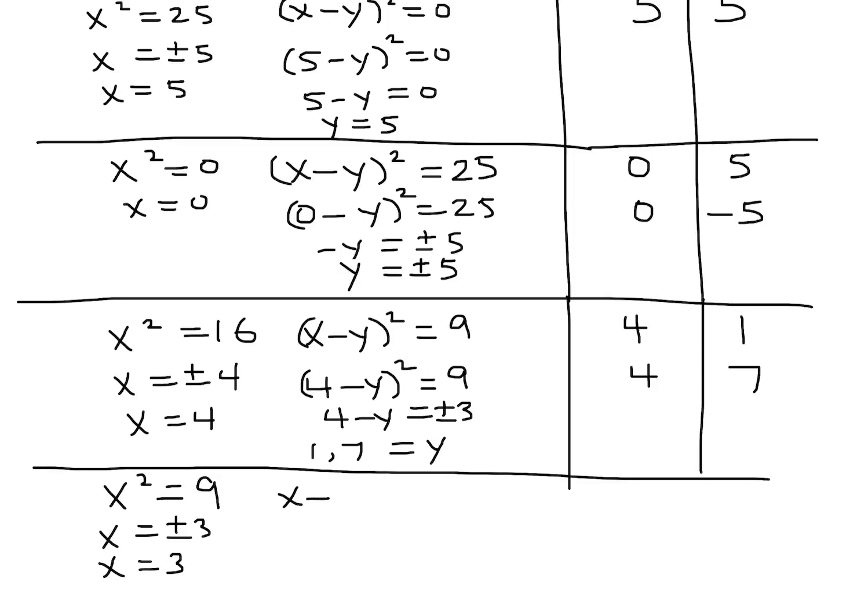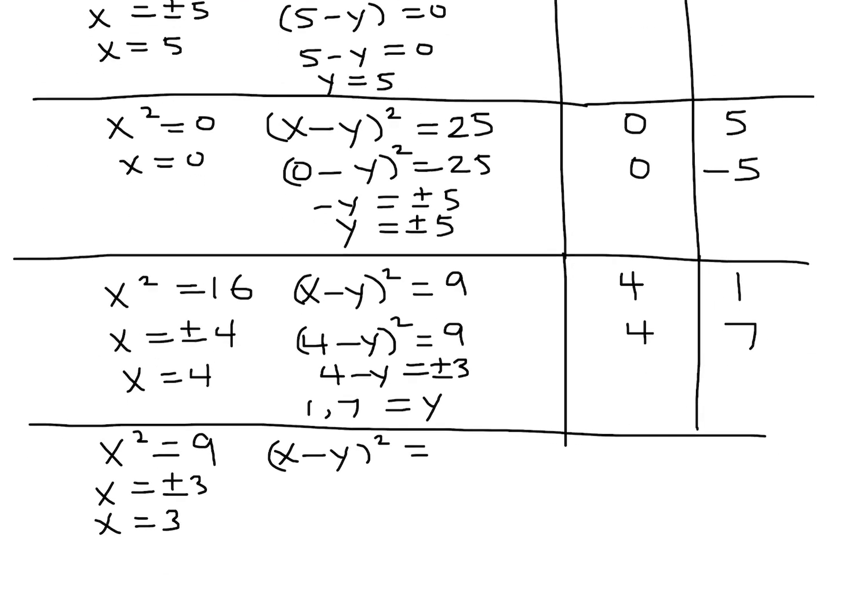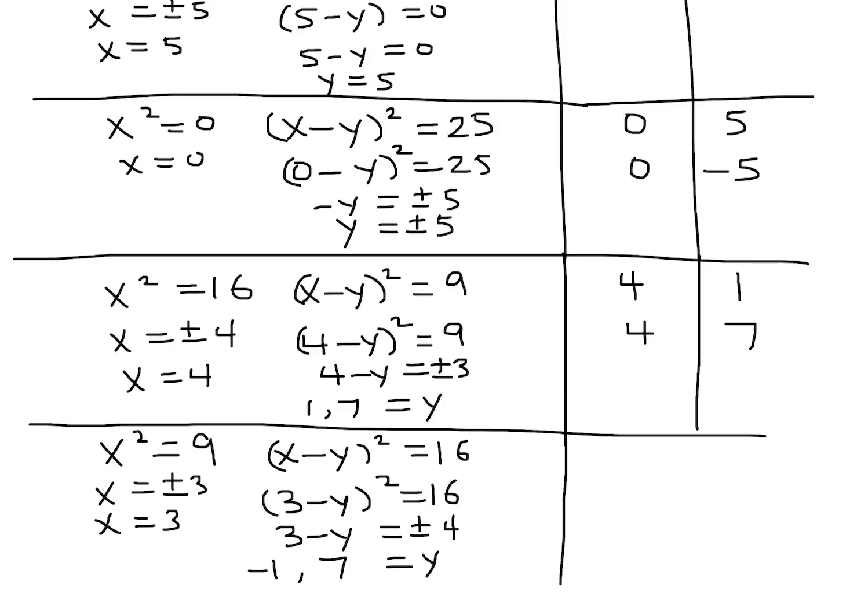And therefore (x minus y) squared is equal to 16. (3 minus y) squared is 16. 3 minus y is equal to plus or minus 4. And solving for y, we get negative 1 and 7. So finally, we have 3, negative 1, and 3, 7.